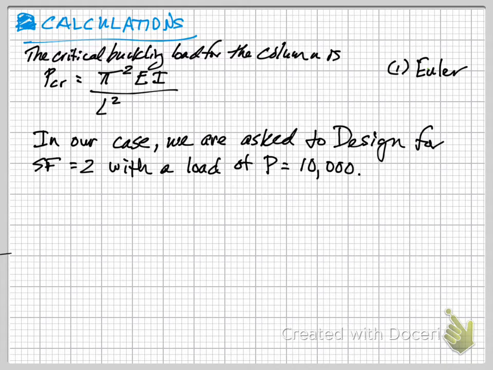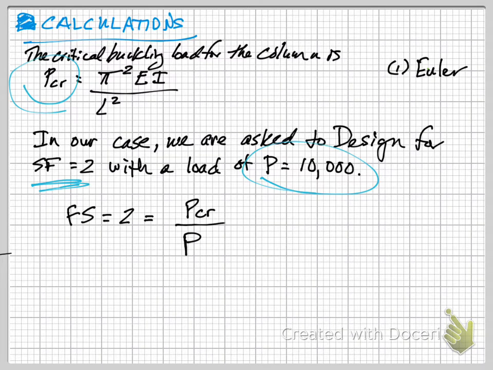So really what we need is a relationship between our load and P critical. We get this through our safety factor equation. Factor of safety equals 2, and that's equal to P critical over P. So the failure load over the actual load, we want P times 2 to be equal to the critical load.